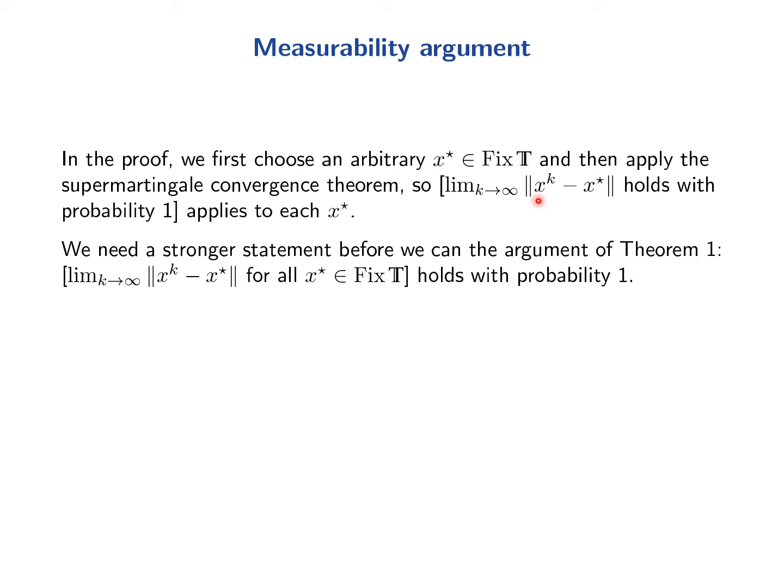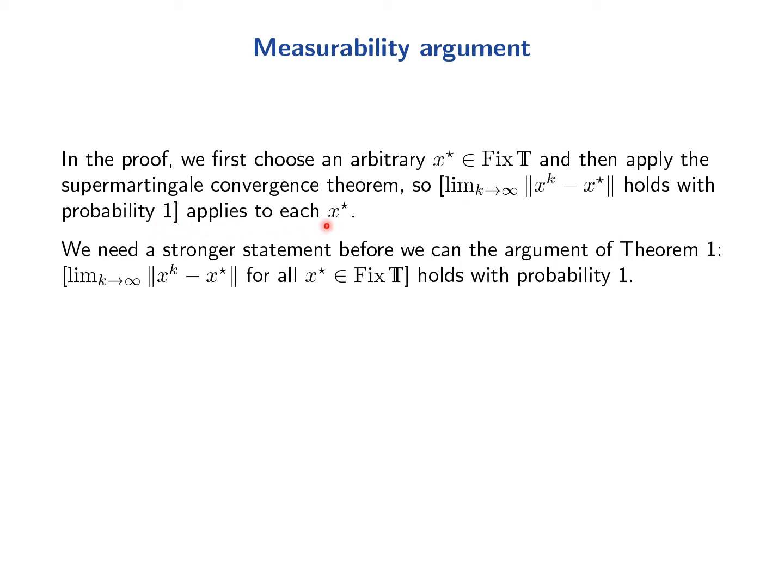So all those possible sequences form a whole set, and we're talking about those sequences such that this limit exists. So we're talking about a subset, and this statement says for every x star you form this subset, and the subset has size 1, or measure 1.